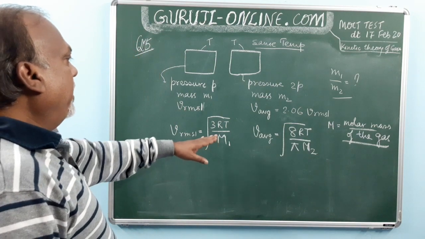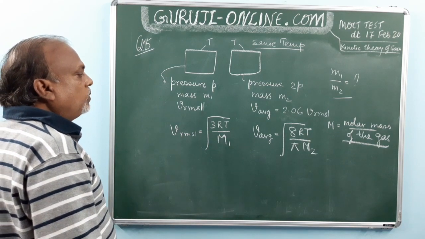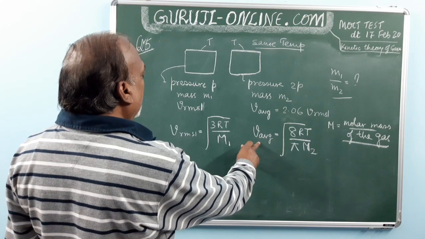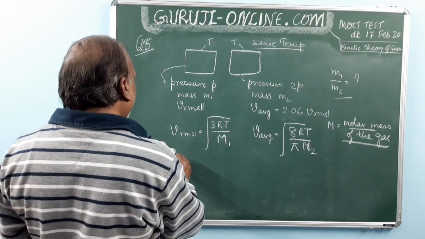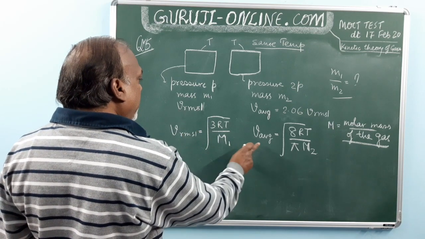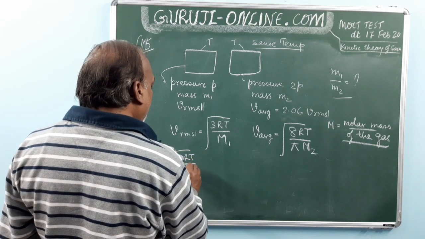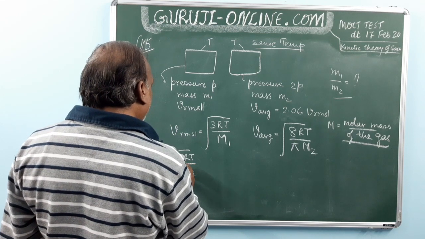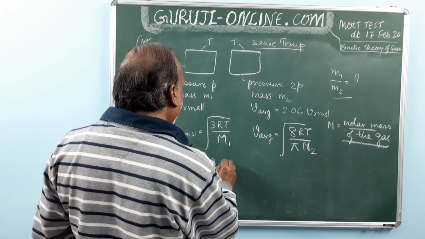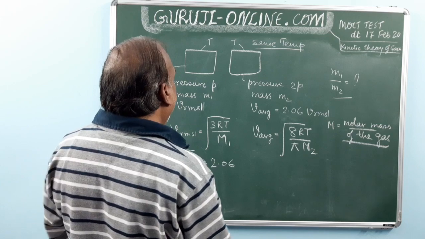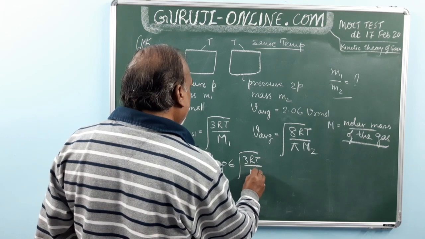Now we have been given this relation, that means Vrms 1 and V average, we can write V average as root of 8RT upon M2 pi, which must be equal to 2.06 times root of 3RT upon M1.